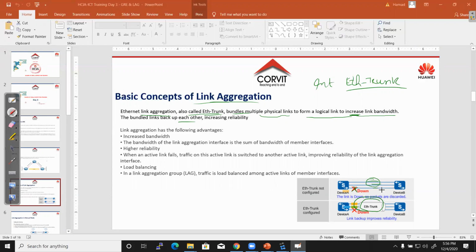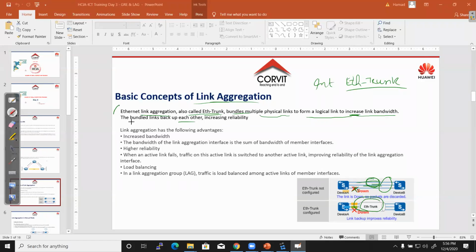If three physical interfaces are part of the bundle, but one of them goes down, then this logical group will consist of two physical interfaces.